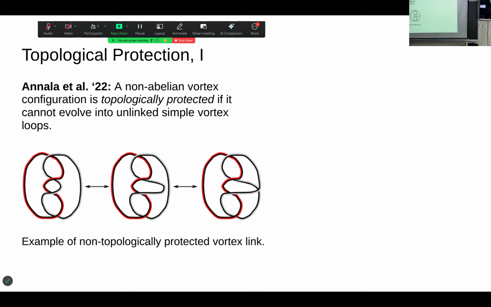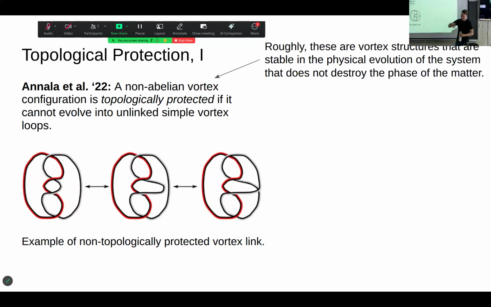But in this system, these strands could get closer and then reconnect. And you have to squint a little bit, but these are no longer linked. You can just pull the gray one out and they will separate. So topological protection means you cannot do this. You cannot make it into a boring structure.